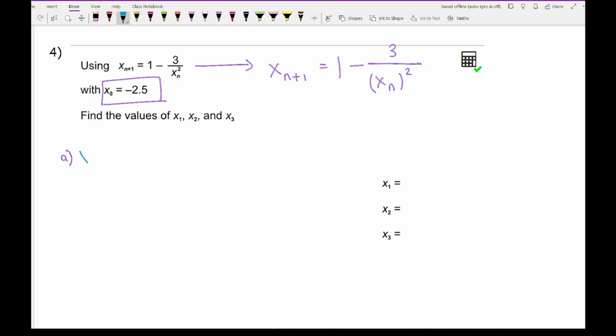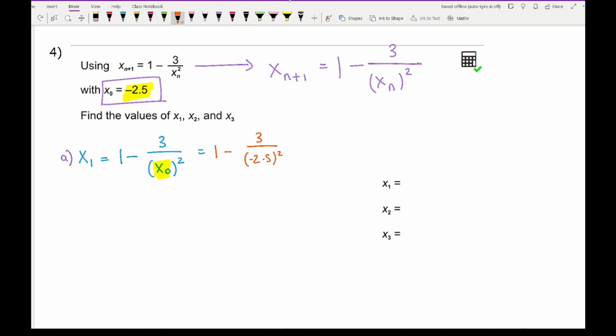So here I've got x1 equals 1 minus 3 over the previous term, which is x0 squared. So now substituting this in, what I end up with is 1 minus 3 over minus 2.5 squared.